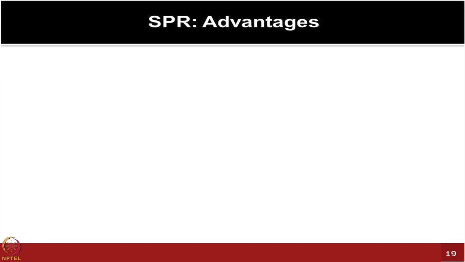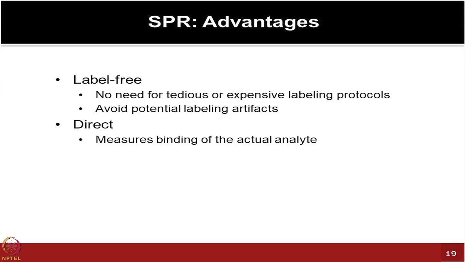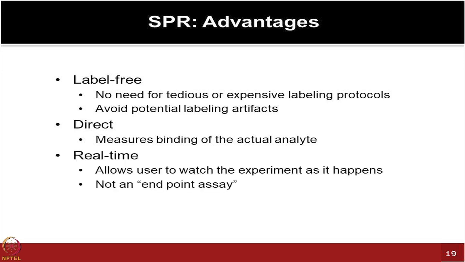So, advantages of SPR, I'm sure you are all convinced that there is a lot of promise here. You are not doing any extra thing on the molecules which you want to test for interaction, so there is no labeling which you are applying. You are directly measuring the biomolecular interactions using physical properties, and you have full control on how the reactions are progressing, and as a result you can modulate the conditions to make it work.